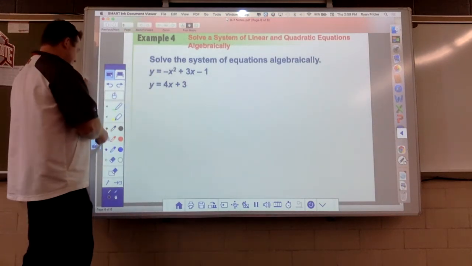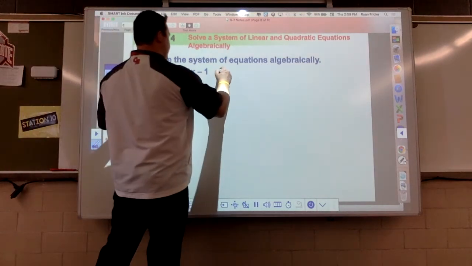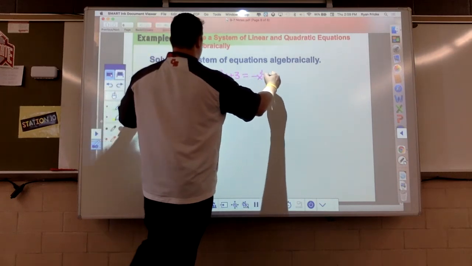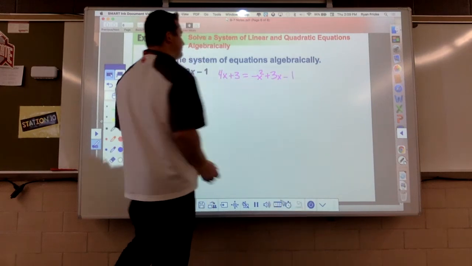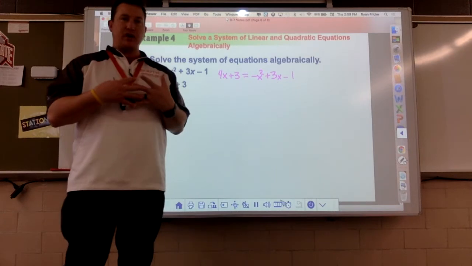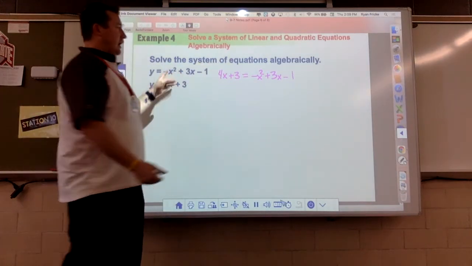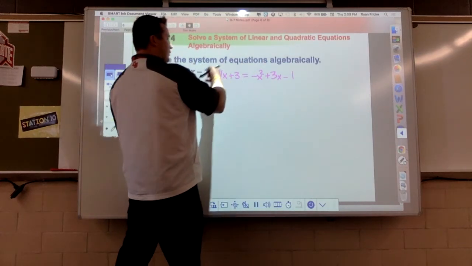Beautiful. Solve this system algebraically. Great. However you want to do this, I'm going to say 4x plus 3 is equal to negative x squared plus 3x minus 1. Again, we're probably more comfortable having a positive x squared. So let's move everybody over here to the right. I'm going to move x squared over here.